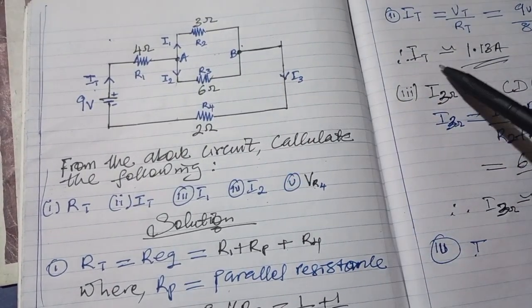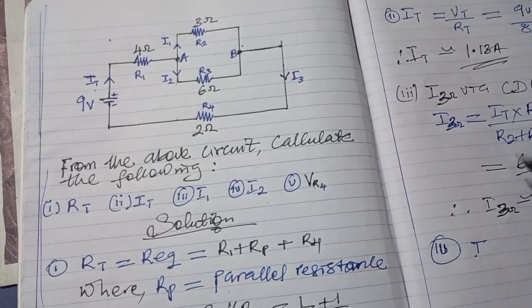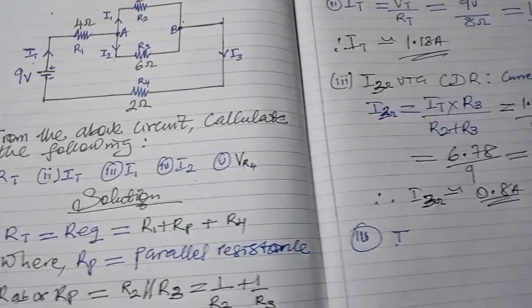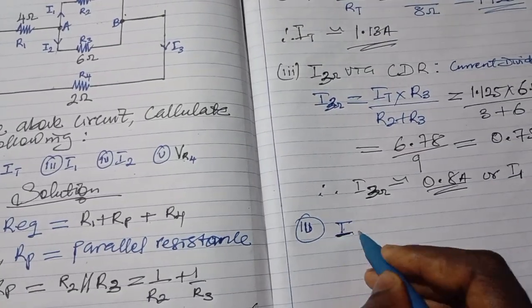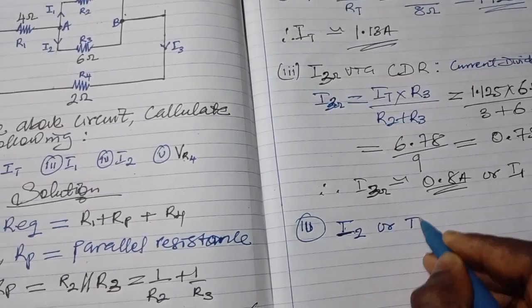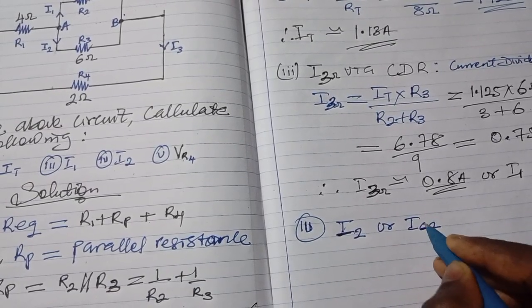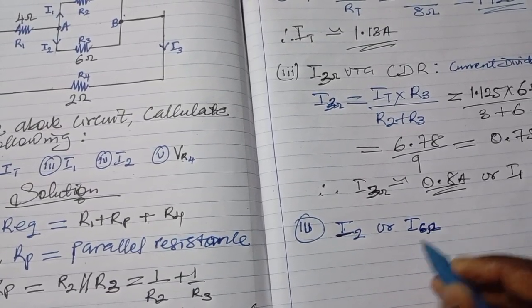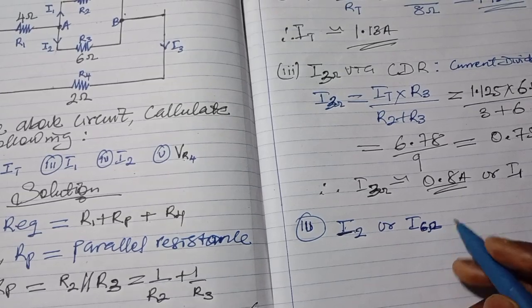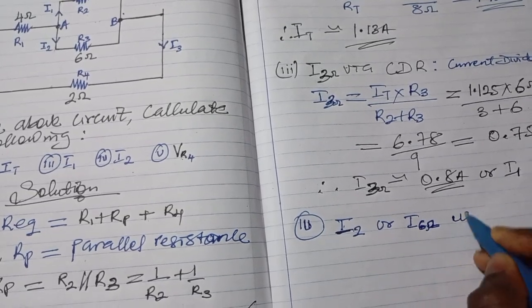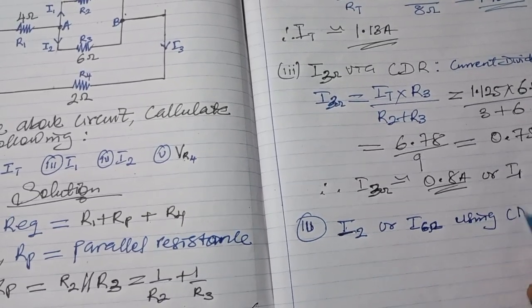We have calculated our IT. So I3 ohms, or I1. Then the other current, I2 or I6 ohm, is the current through the 6 ohm resistor, using current divider rule again.